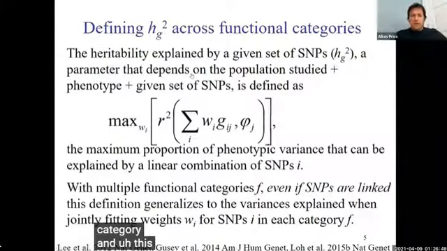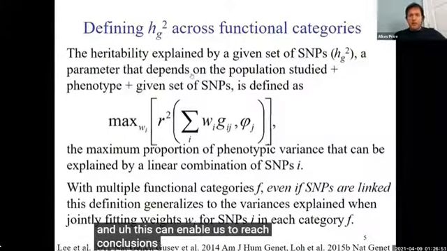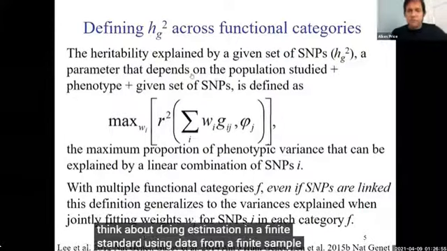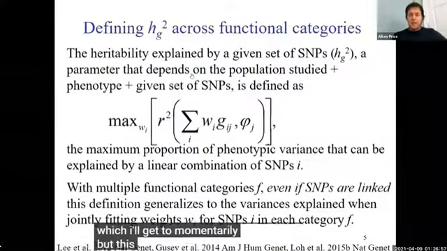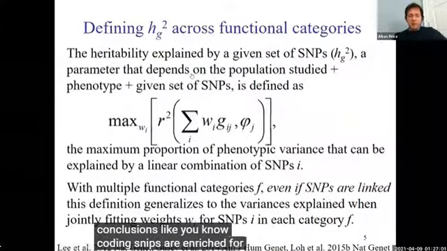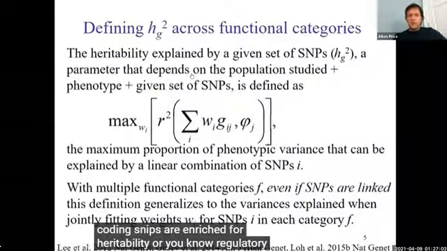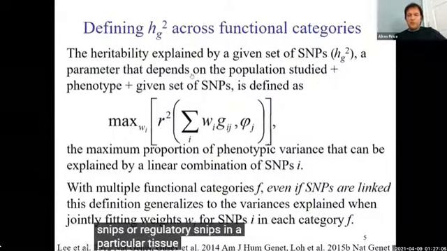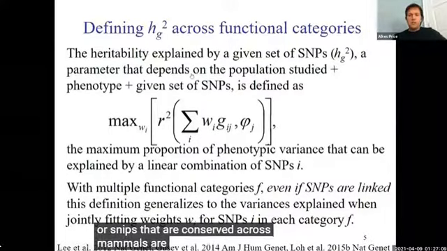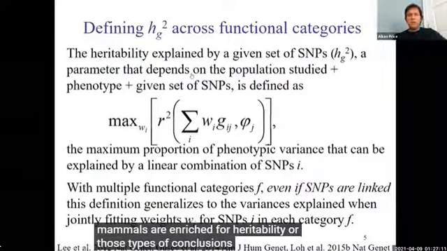And this can enable us to reach conclusions. Well, then we have to think about doing estimation in a finite sample, using data from a finite sample, which I'll get to momentarily. But this could enable us to draw conclusions like, coding SNPs are enriched for heritability, or, regulatory SNPs in a particular tissue are enriched for heritability of a particular disease, or SNPs that are conserved across mammals are enriched for heritability, or those types of conclusions.